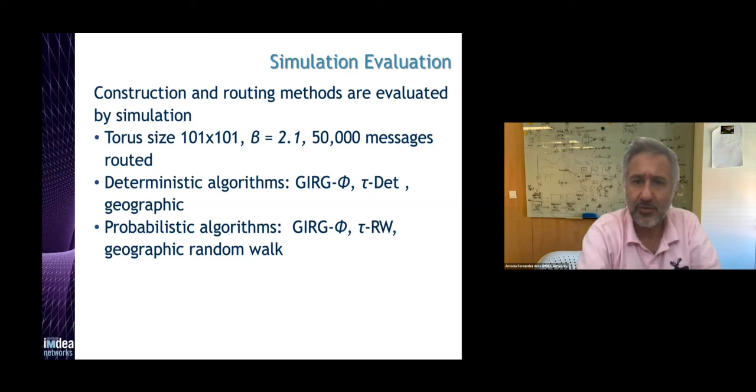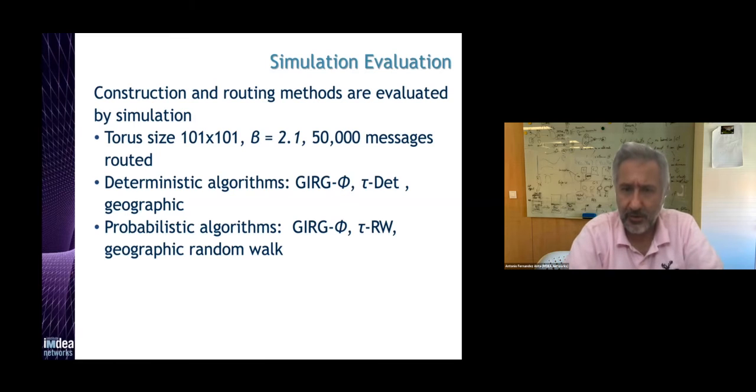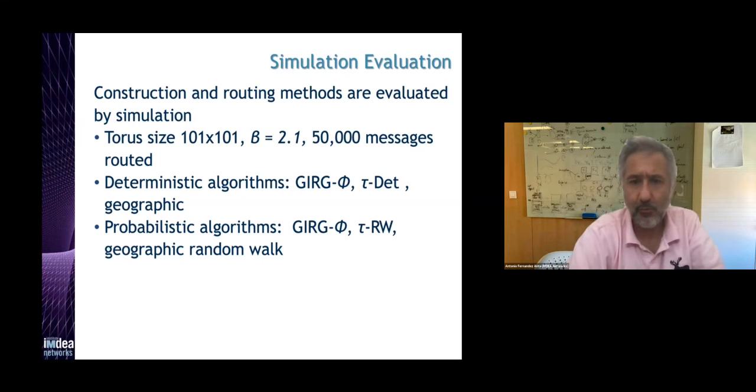And we're also going to use their probabilistic versions. So for GIRG, although it was not proposed in the original paper, we're going to also use a probabilistic version of the GIRG phi algorithm, and a geographic random walk, which is actually a classical random walk.